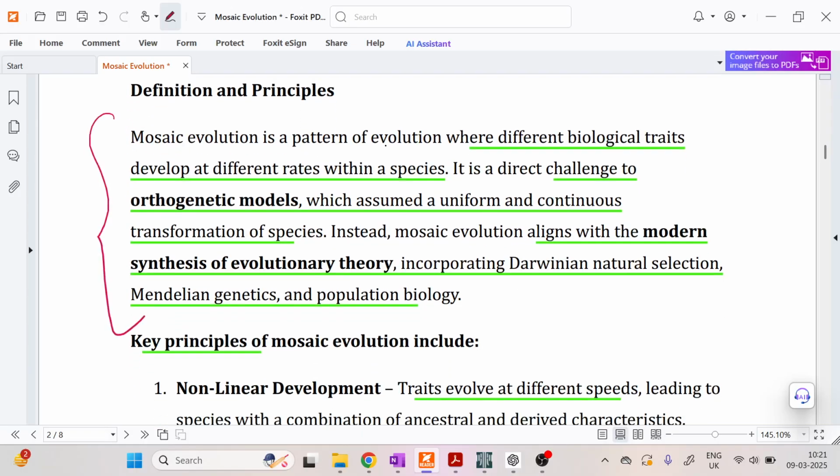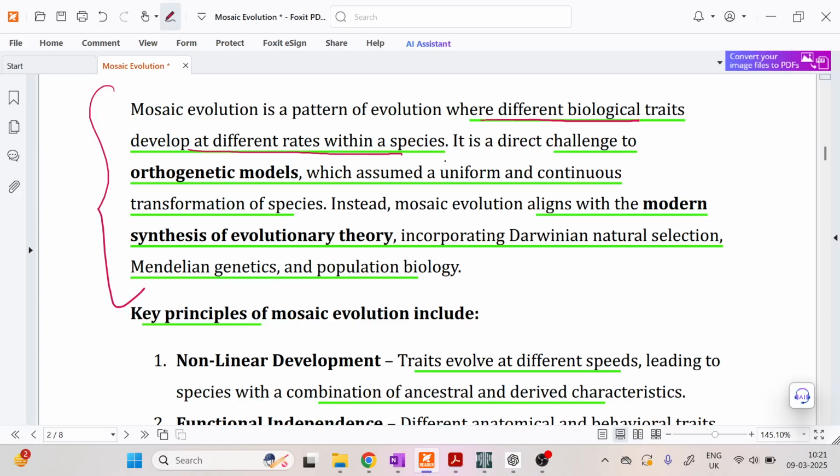So mosaic evolution is a pattern of evolution where different biological traits develop at different rates within a species, and it acts as a direct challenge to the orthogenetic model. Orthogenetic here means the traditional model, which assumes a uniform and continuous transformation of species.